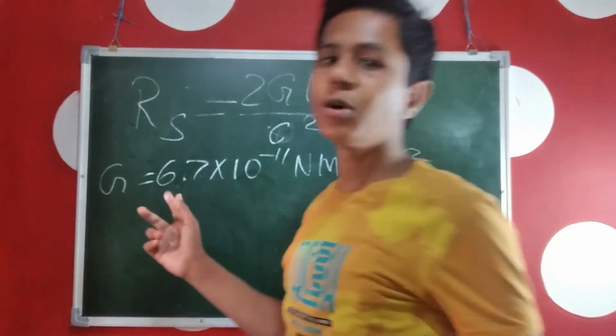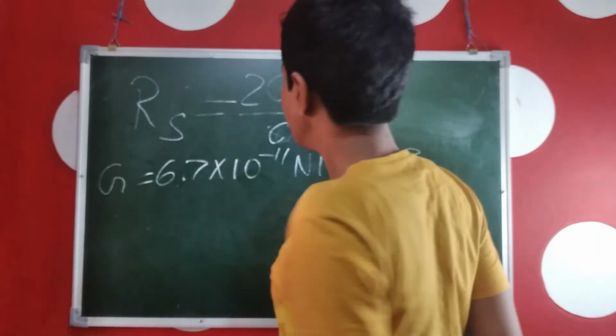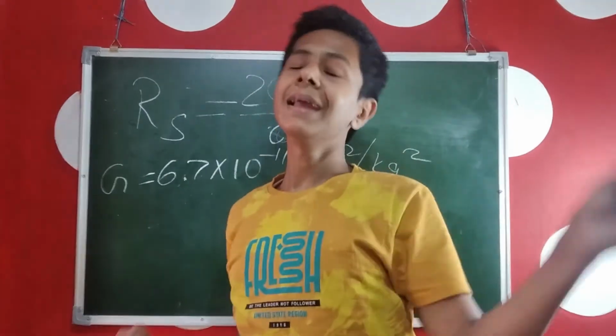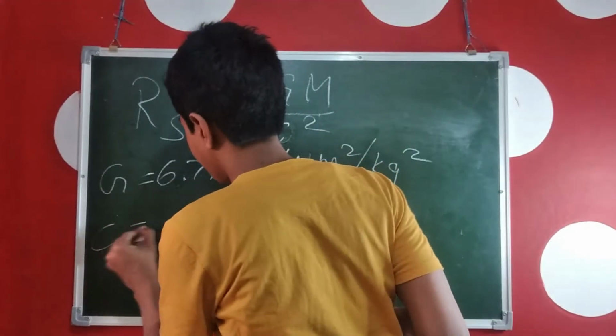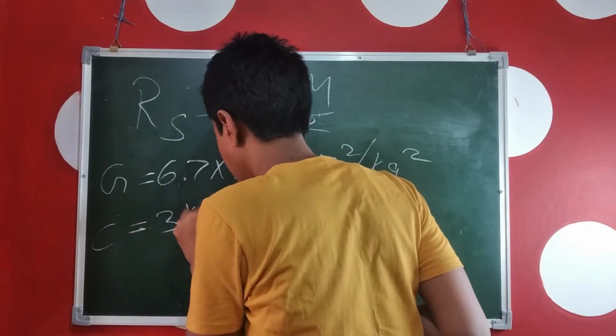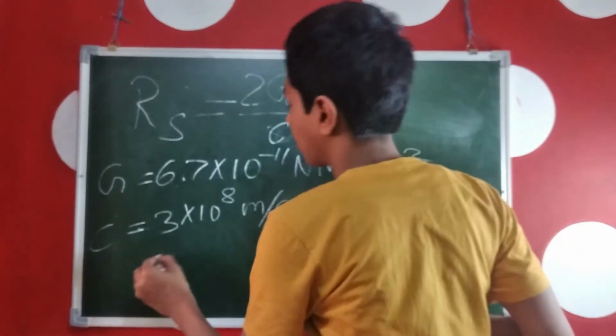I know it's 6.6 and something, but we're taking 6.7, and the speed of light is 298 and something, but we usually take it as 3 into 10 to the power 8 meter per second, and 2 is a constant.